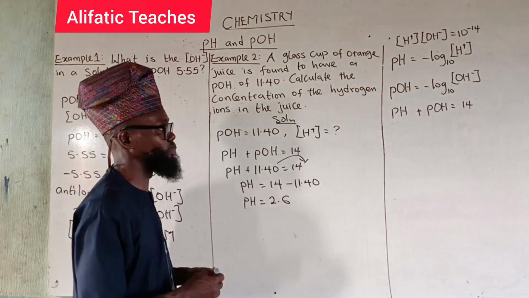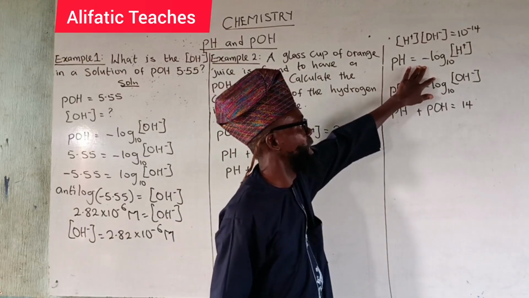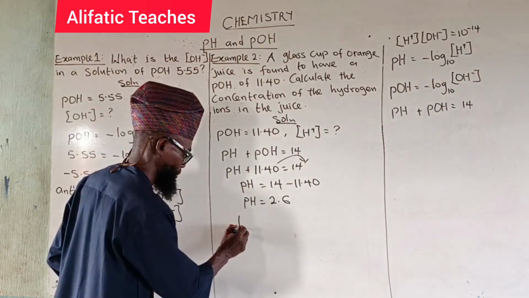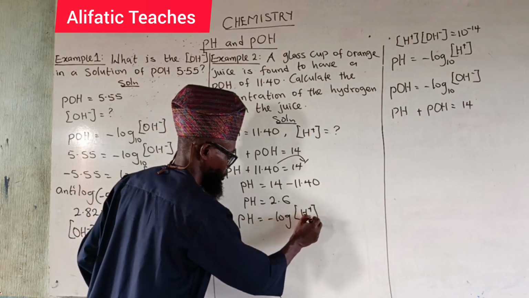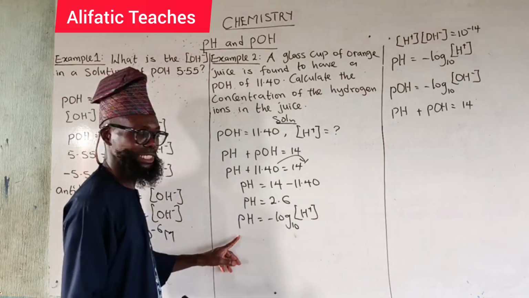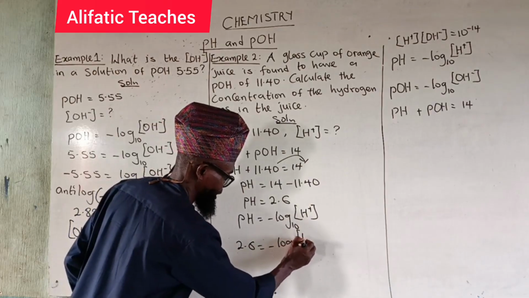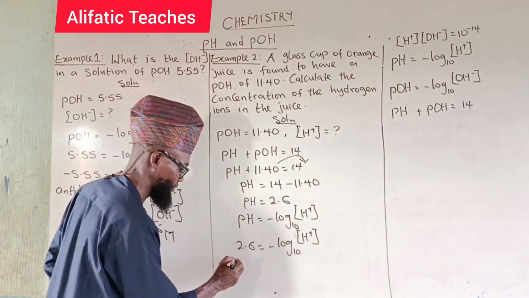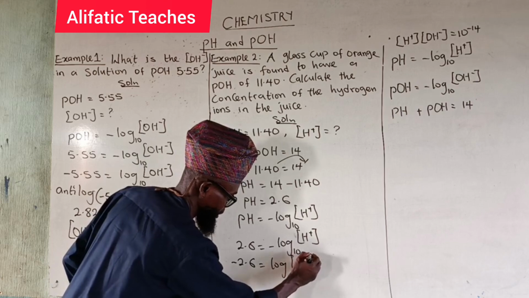Now we've got pH to be 2.6. We can apply the formula pH equals minus log of hydrogen concentration to base 10. So 2.6 equals minus log of hydrogen concentration to base 10. Multiply through by negative: minus 2.6 equals log of hydrogen concentration to base 10.